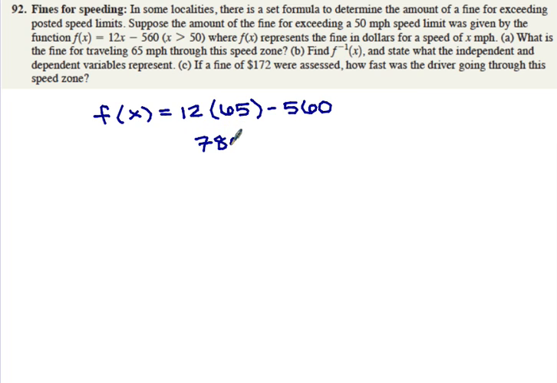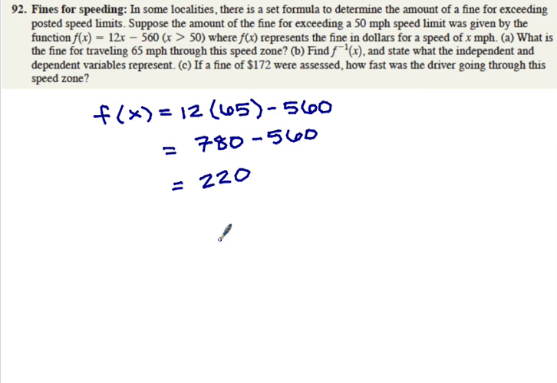So with the calculator, want to check me along the way? Cool, minus our 560 means our fine is $220. Awesome. So I know that if I was going 65 miles per hour in a speed zone of 50, I would expect to be charged a $220 fine for speeding.